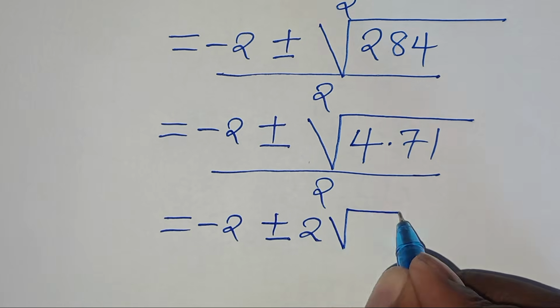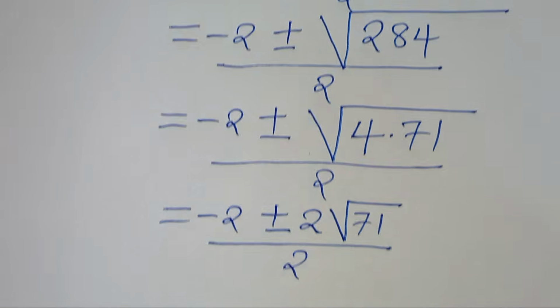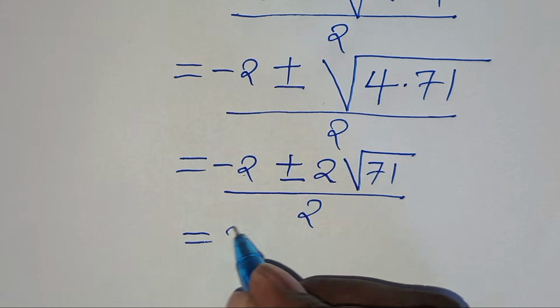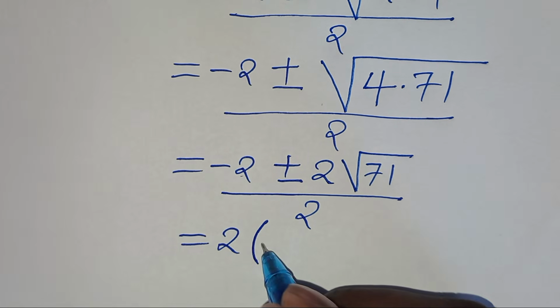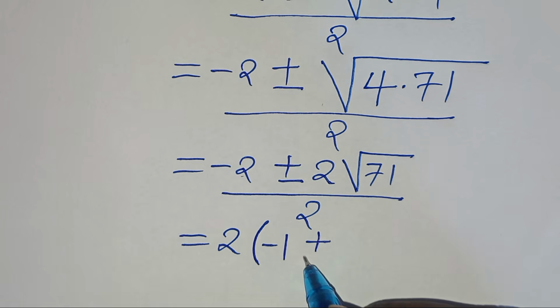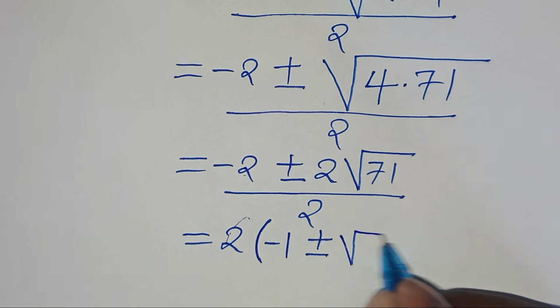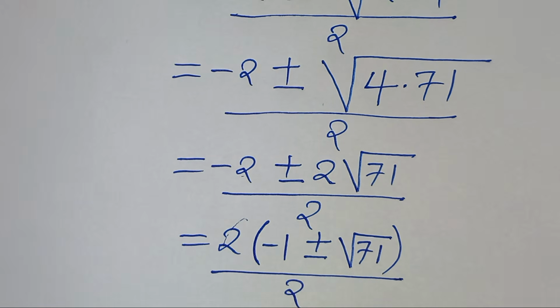Then we have the square root of 71 divided by 2. We have that in the numerator, 2 is common here. Let's factor out 2 so that we have negative 2 divided by 2. This is negative 1 plus or minus 2 square root of 71 divided by 2. This is the square root of 71 divided by 2.